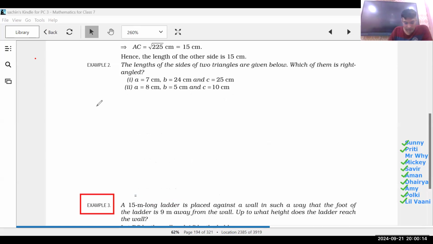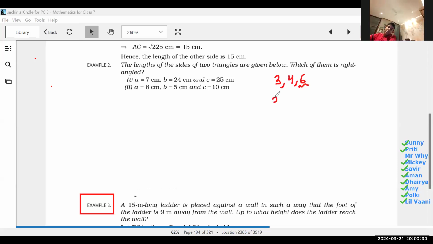So other kids, what I wanted to tell you is this Pythagoras theorem can be used to check also if a triangle is right angle triangle or not. Let's see, मैं आपको दूं 3, 4, 6. You have to check if this triangle is right angled or not. So guys, what is the square of 6? 36. अब अगर ये right angle होगा तो ये hypotenuse होगा.